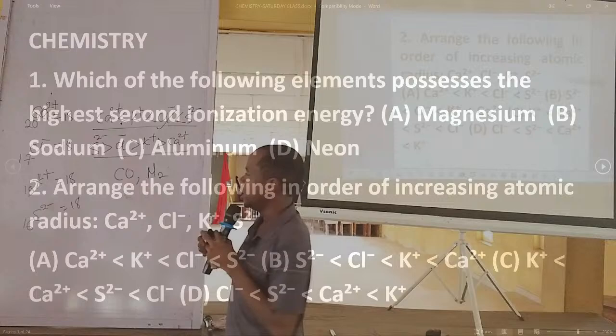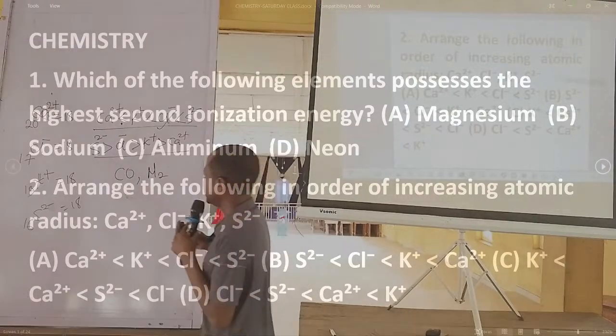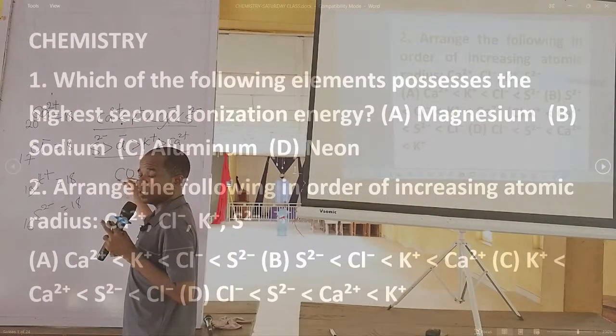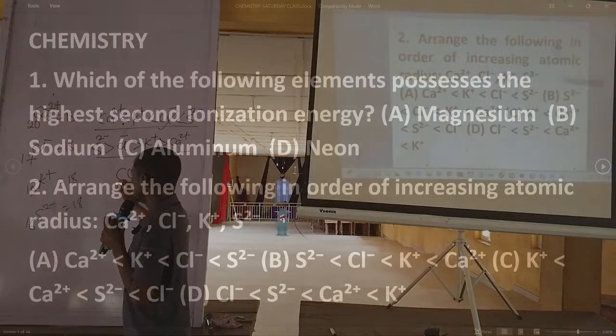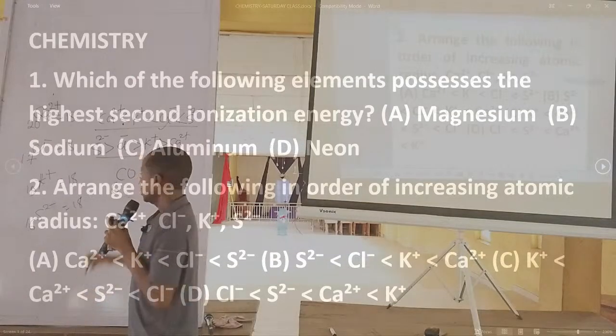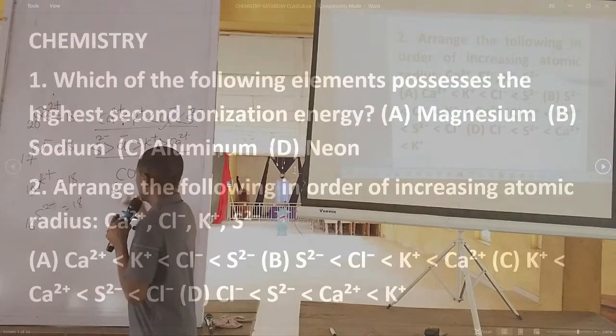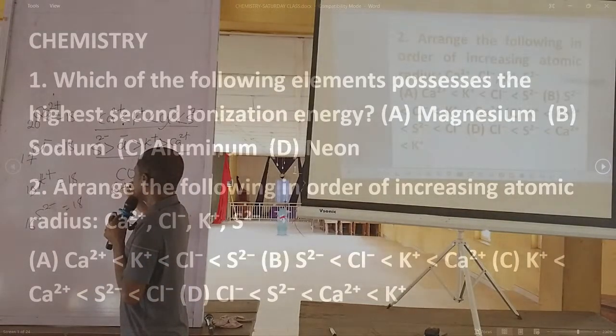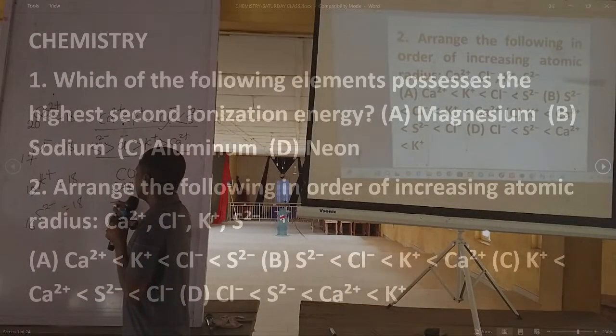Let's find out. How many protons does carbon have? Carbon, the atomic number is 6. What about oxygen? Atomic number? That's 8. And then everything now is going to be 14.